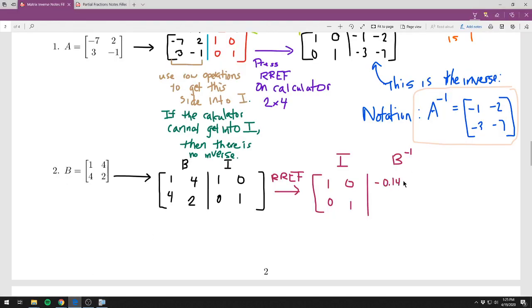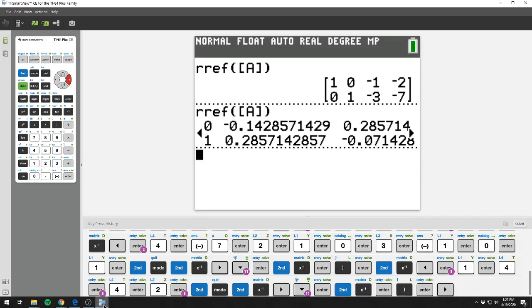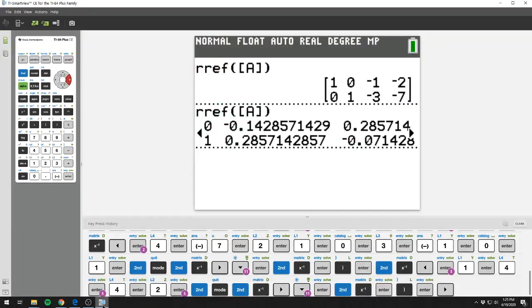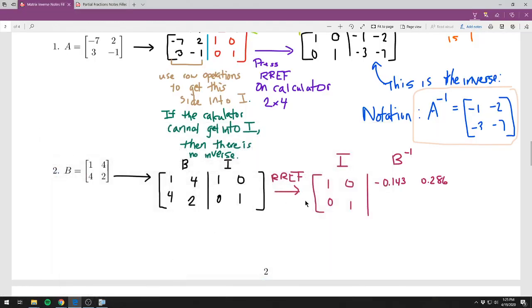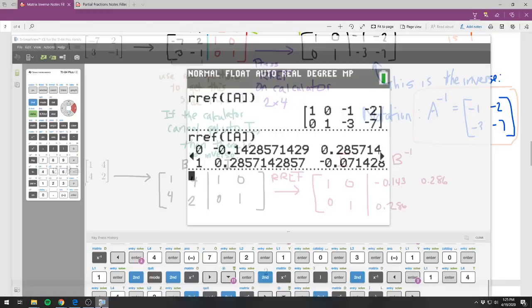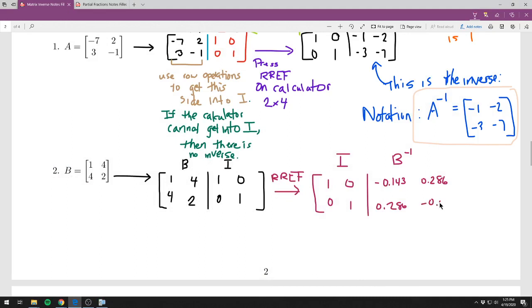Now all these are actually fractions, and you're gonna have to give the fraction. 0.286. 0.286. And negative 0.071. Right, so we got that written down.